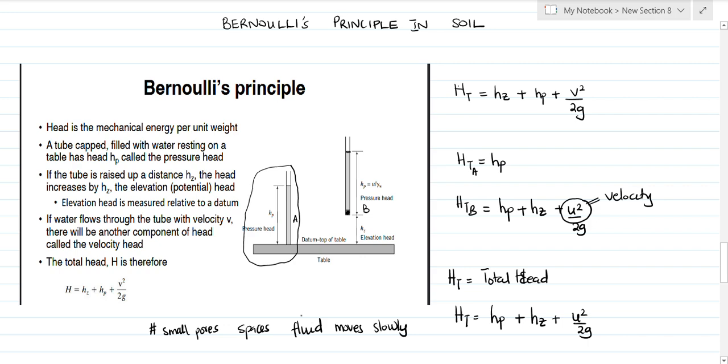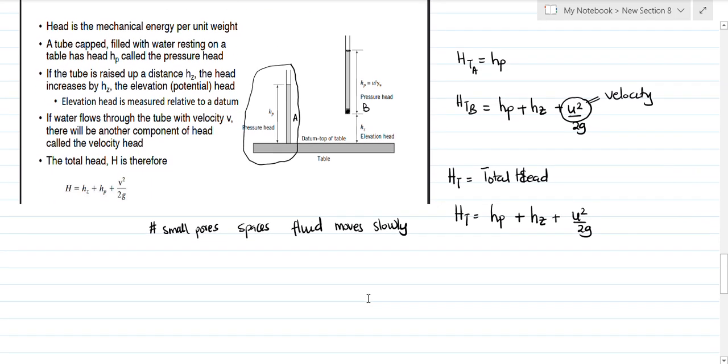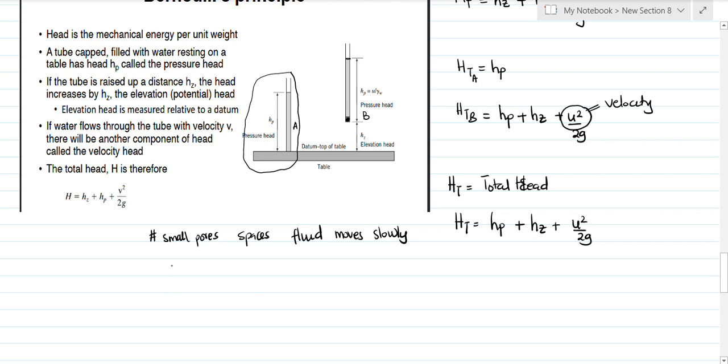When a fluid is moving through soil, it moves with a velocity which is far, far less than 1 centimeter per second. And because it's very slow, in this concept that we are going to look at, one-dimensional flow, the velocity will approximate to zero.